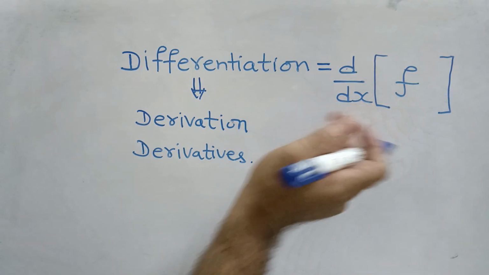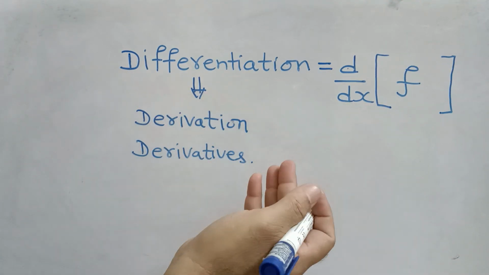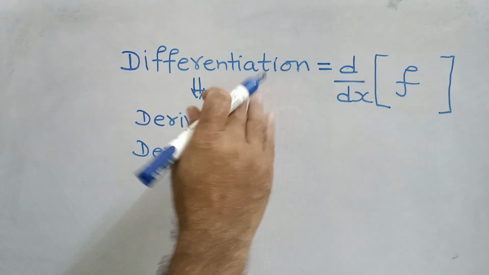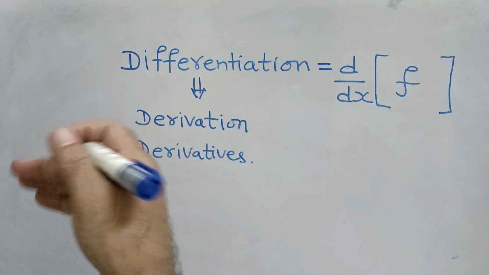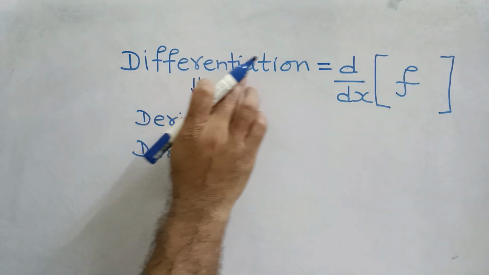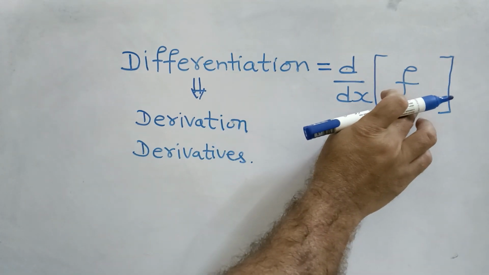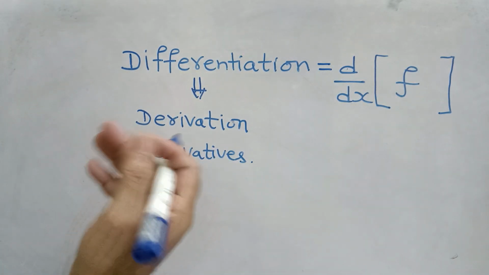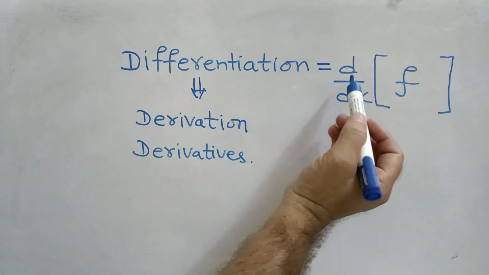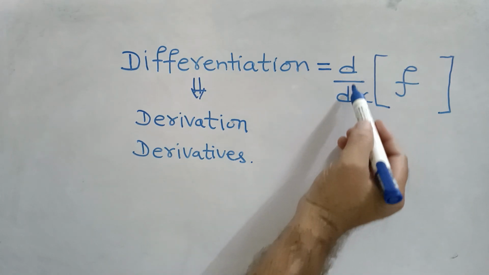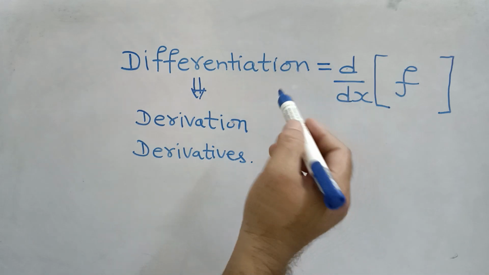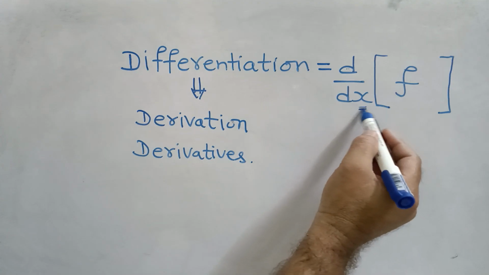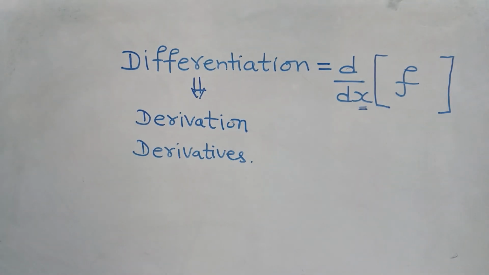If any function f is given, or any value is given for that function, we can obtain the differentiation of that particular function, or of the given value or variable, whatever it is. So if I write d by dx, I am going to find the derivative of the function with respect to x.